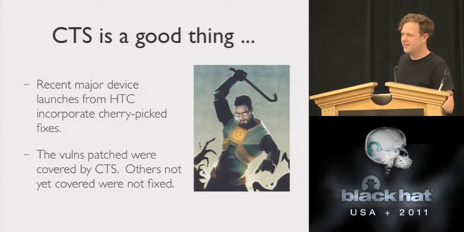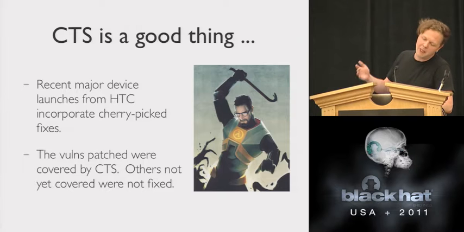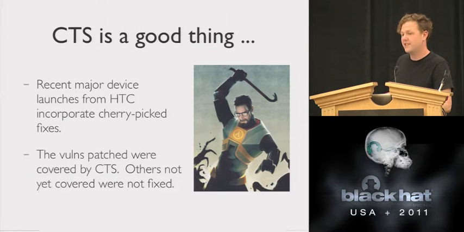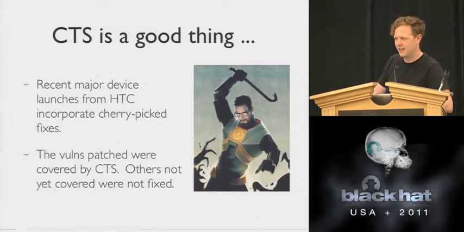So if everybody's running the CTS test correctly and they're shipping older builds, then they should have to cherry pick fixes down, even if they're on a stable release branch, in order to pass CTS. We think this is a good thing, and given that spot testing some of these more recent devices reporting older versions shows that they have been fixed, we think there's some sign that this is actually having an impact.